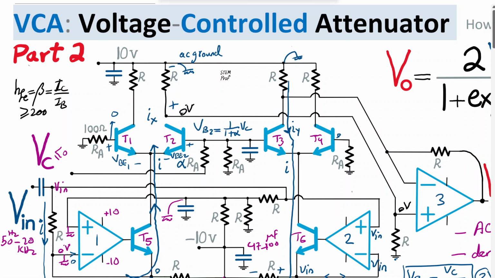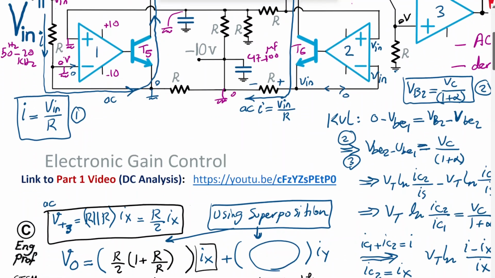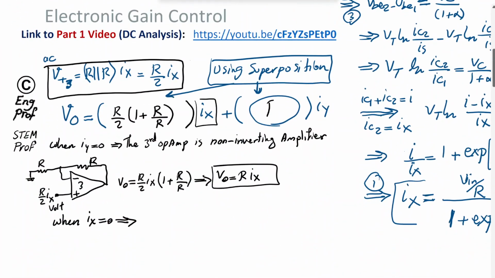Okay, so with that said, we have R times Iy. Then the circuit becomes effectively like this. As I said, we have current Iy, we have a resistor R that is connected to virtual ground, but this node is also ground.